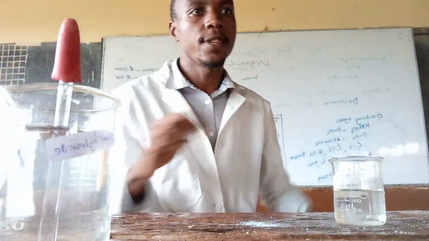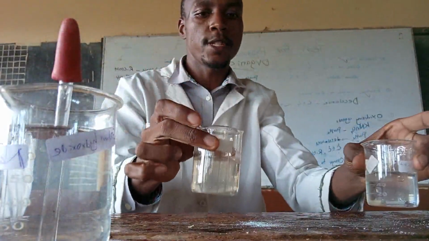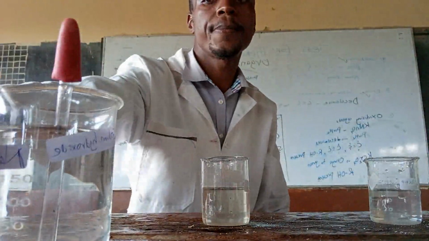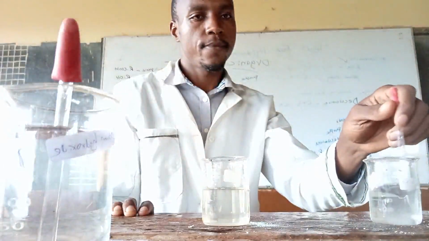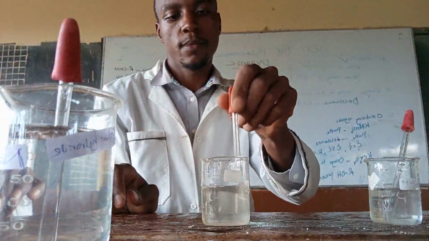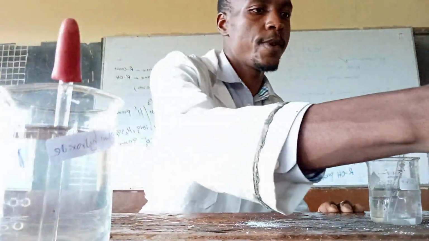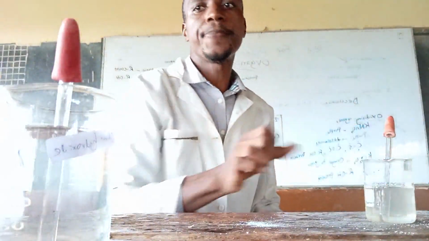And then our second solution is this here. We also don't know what is in there, but after testing, we should be able to tell. So let's start with the first solution.